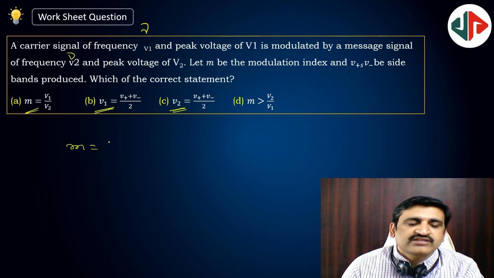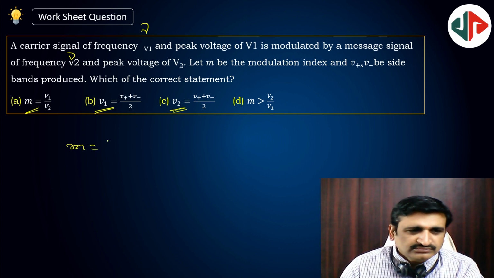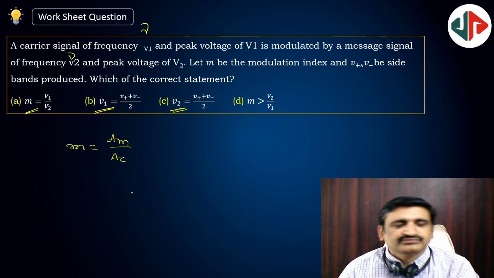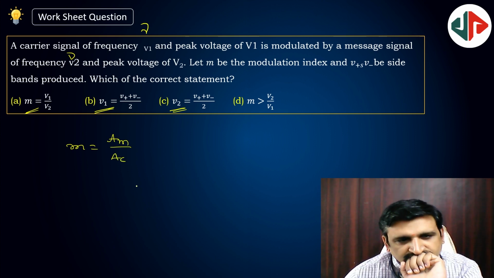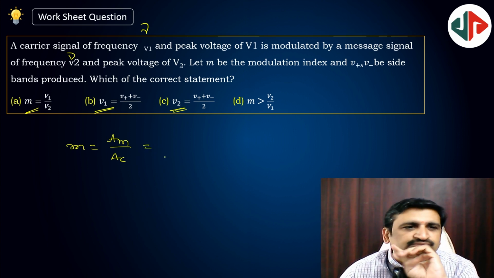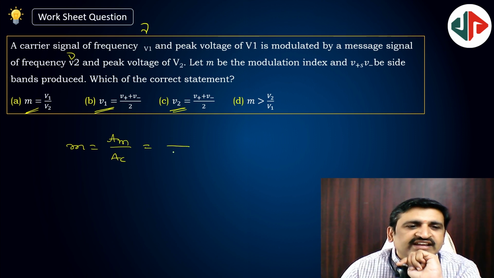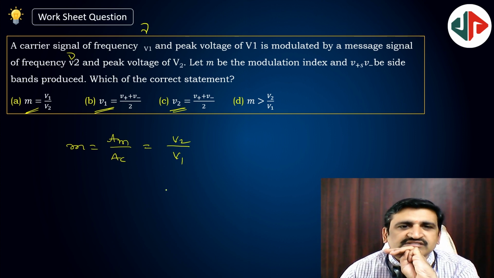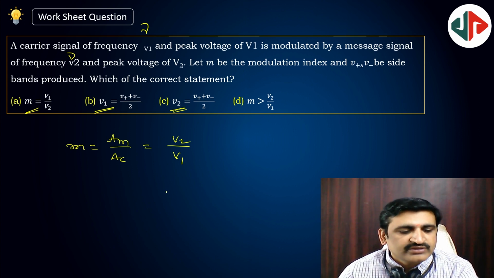Modulation index M is equal to AM by AC, so the carrier voltage is V1 and the message voltage is V2. So M is V2 by V1, and M is always less than 1.